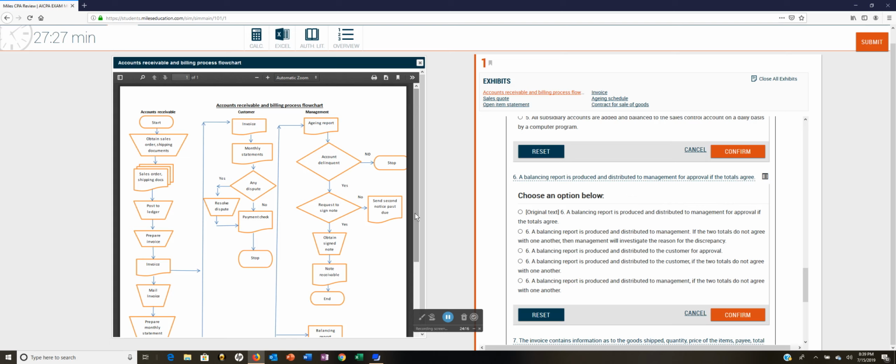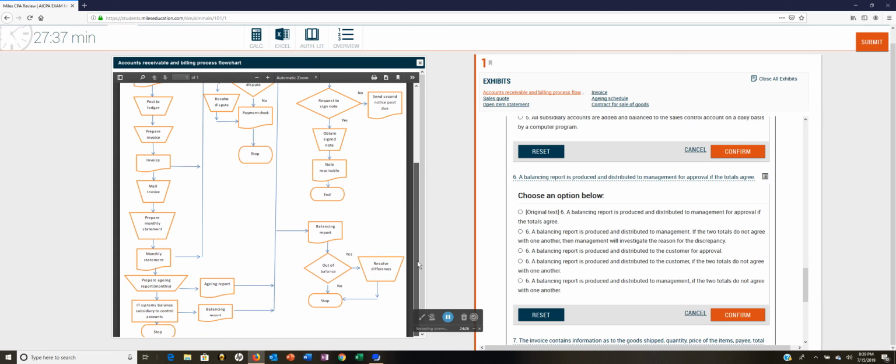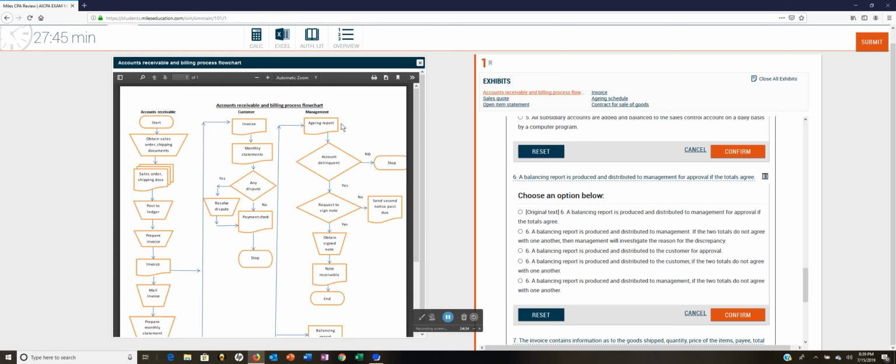But before that decision is made, that balancing report is telling us if the control account, right, matches the subsidiary accounts, and then management ultimately will decide whether we're going to have to write the account off.